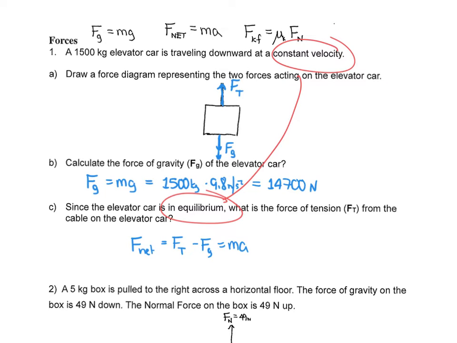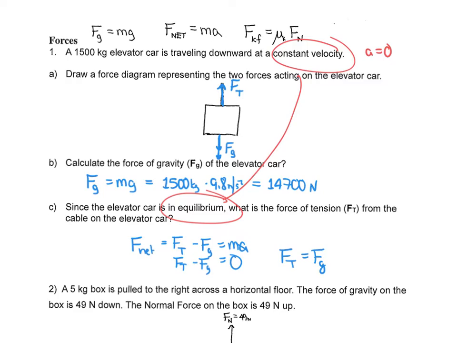Which means our acceleration is going to be 0. Okay, so that means this whole thing's going to be equal to 0. And the force of tension and gravity will end up being equal, right? And so that's our big deal, that these are equal and balancing each other, so we travel downwards at a constant velocity. Got it.